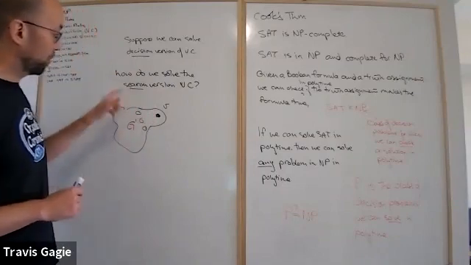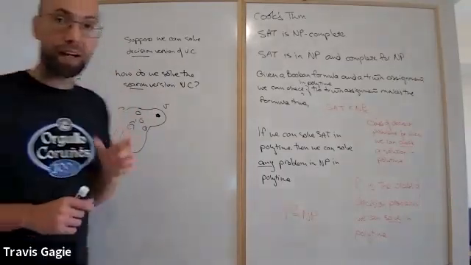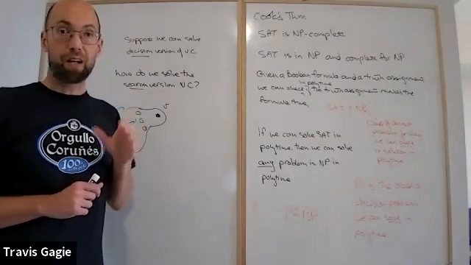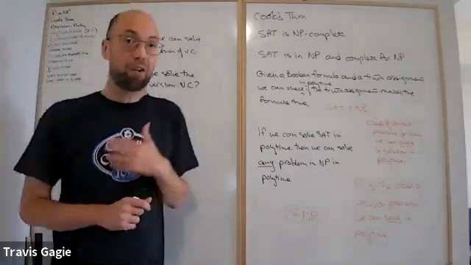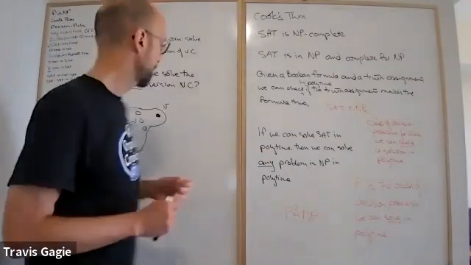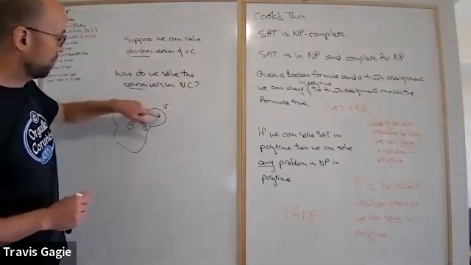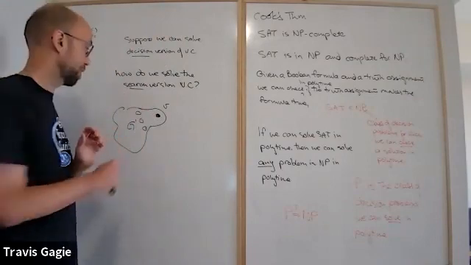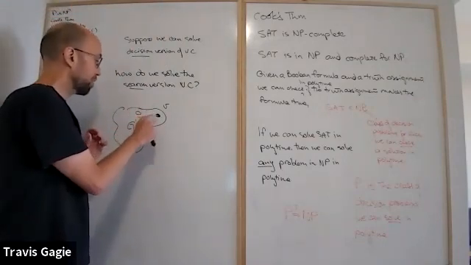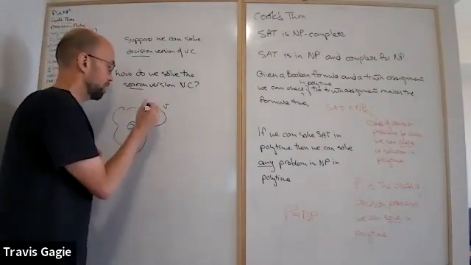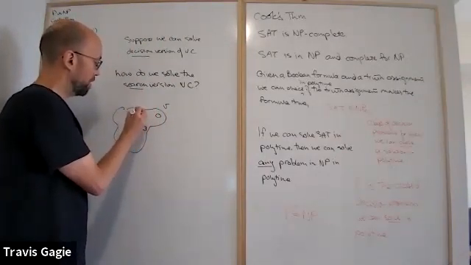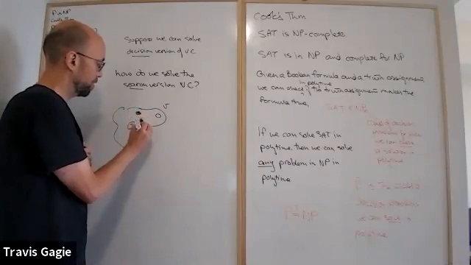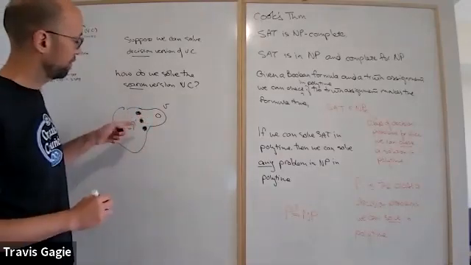If I come back and say, okay, G prime does not have a vertex cover of size K minus 1, then it means V is not in my vertex cover. So I can decide V is not going to be in the vertex cover. I still delete all of the edges, but now I know that all of the other endpoints are in the vertex cover.